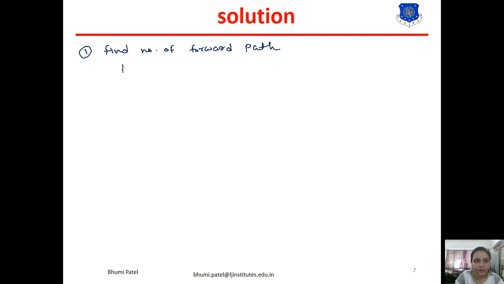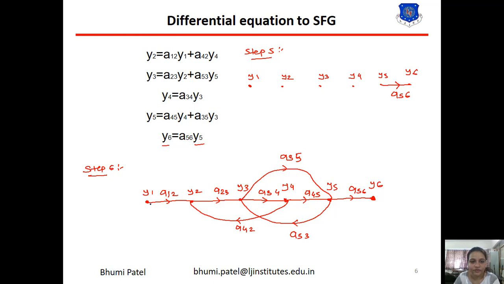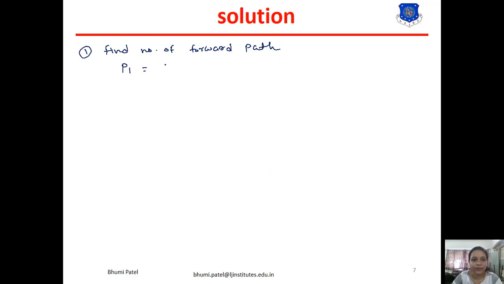So the first forward path P1 is equal to, you can see, a12, a23, a34, a45 and a56. So P1 is equal to a12, a23, a34, a45 and a56.